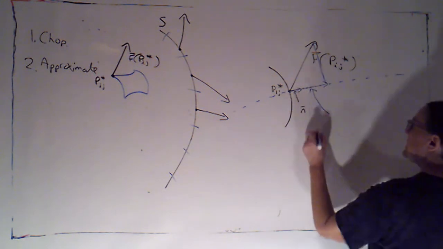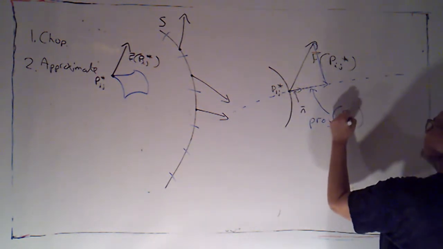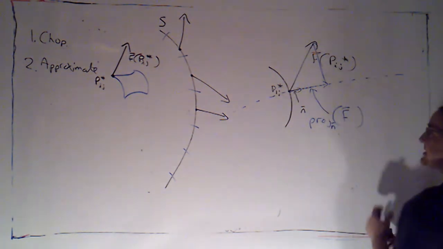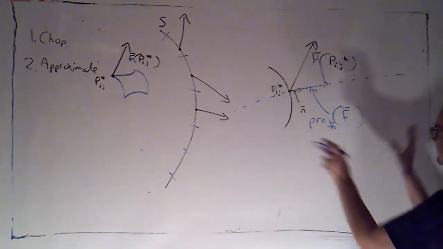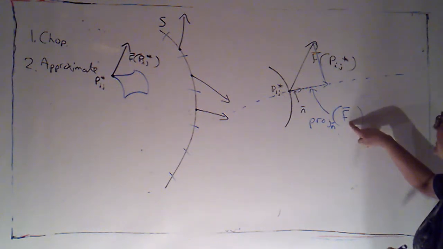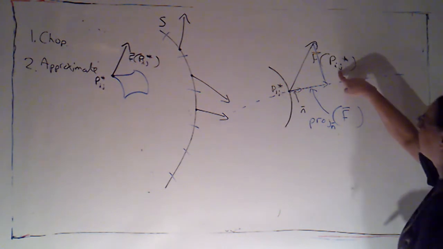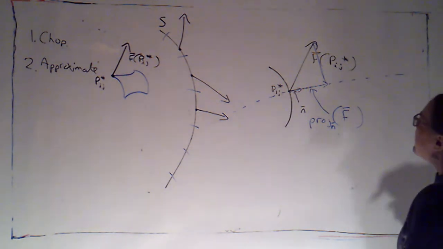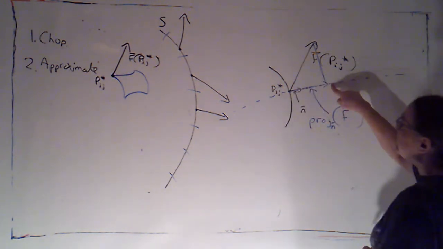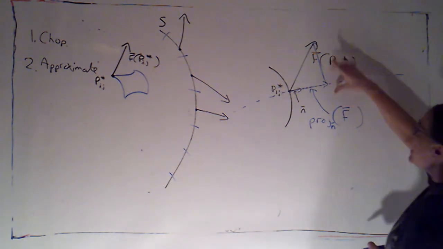So this right here would be the projection of F onto N. In the interests of time and writing energy, I'm just going to write F, understood that it's F evaluated at that particular point. Okay. Now, that is definitely contributing to stuff that's flowing through the surface.